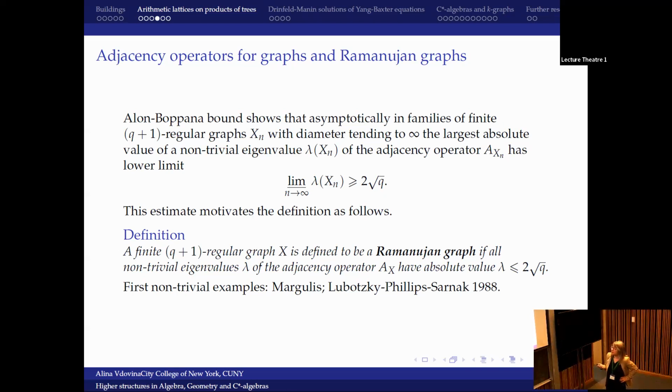So a bit of motivation that there is this kind of bound. I think Alon, mainly working in theoretical computer science, had the motivation coming from there: if you look at graphs with a large diameter, so we already defined the diameter as the length of the shortest cycle, then asymptotically the lower limit is 2 square root of q.